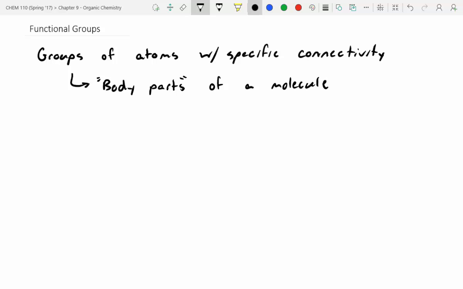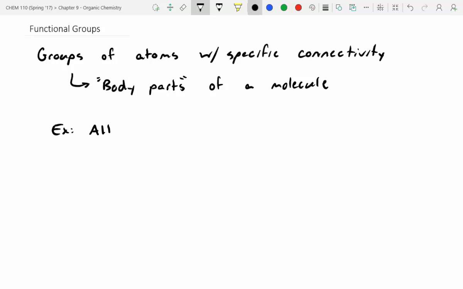Right, so with a human being, you wouldn't go out and say, it's that part on the body that has fingers on it and whatnot. You'd say it's a hand, right? You want to be as descriptive as possible when you're describing a functional group, so we want to use descriptive names.